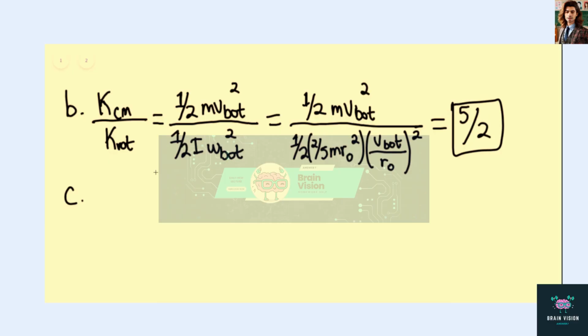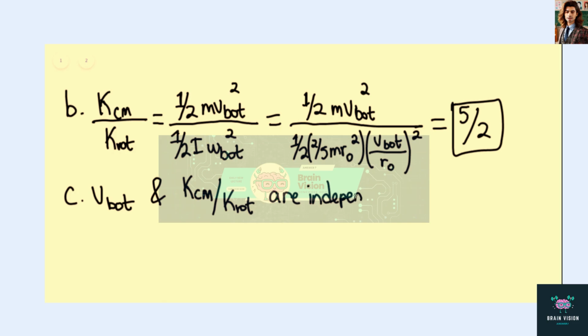And for part C, we can say that the translational speed at the bottom, v sub bottom, and the ratio of the kinetic energy of the center of mass divided by the rotational kinetic energy, are independent of radius and mass.